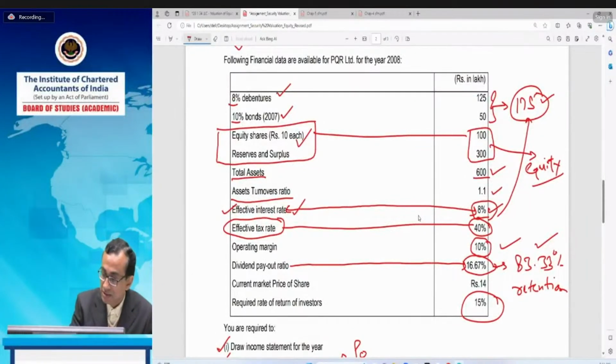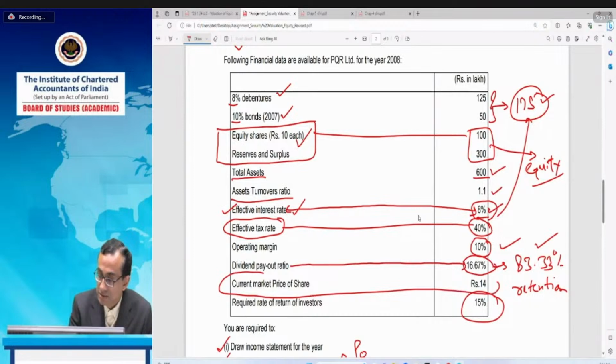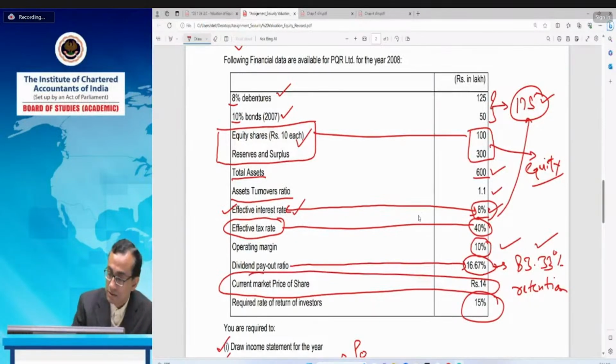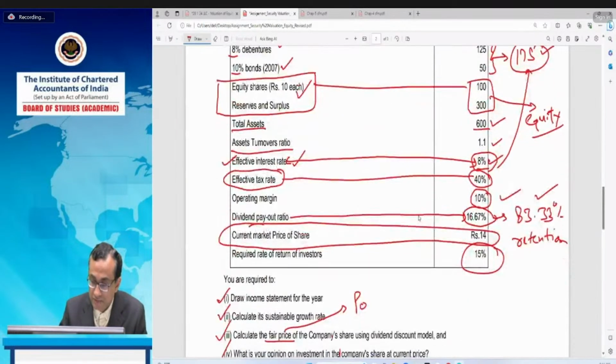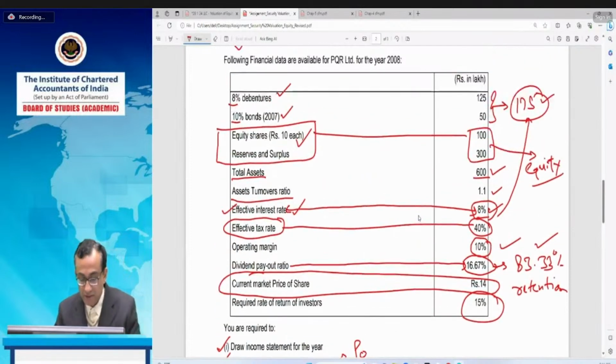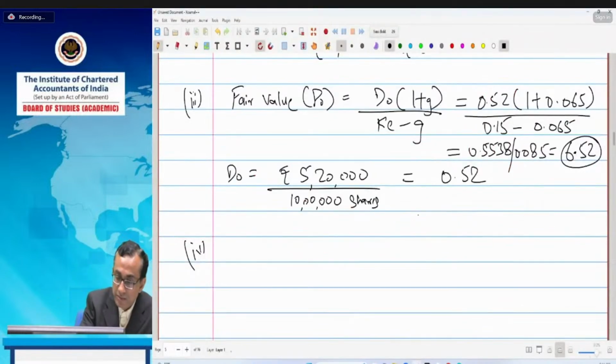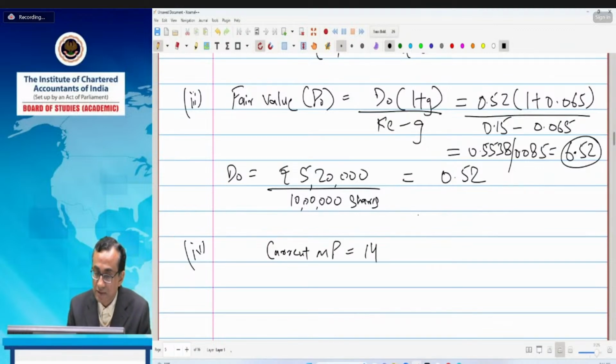The current price is given here. That is rupees 14. So the current market price is 14.